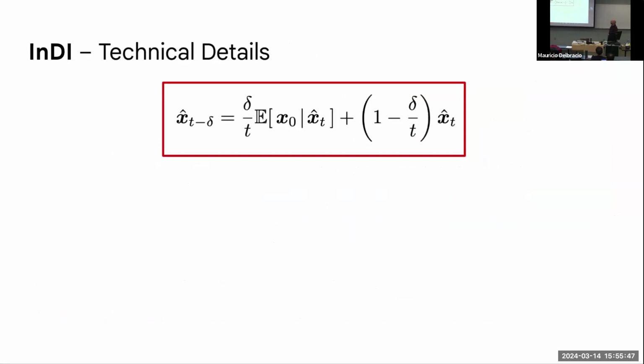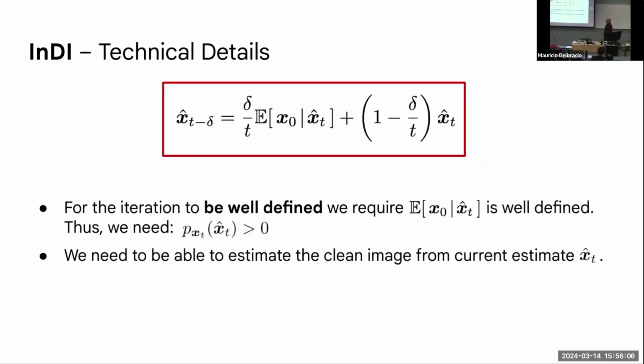Okay. Good. So let me present a bunch of technical details. This is the recurrence, right? We have an estimate, compute the clean image, compute this convex combination, and then repeat. One thing is, in order for this to be well defined, we need this probability to be everywhere non-zero, right?